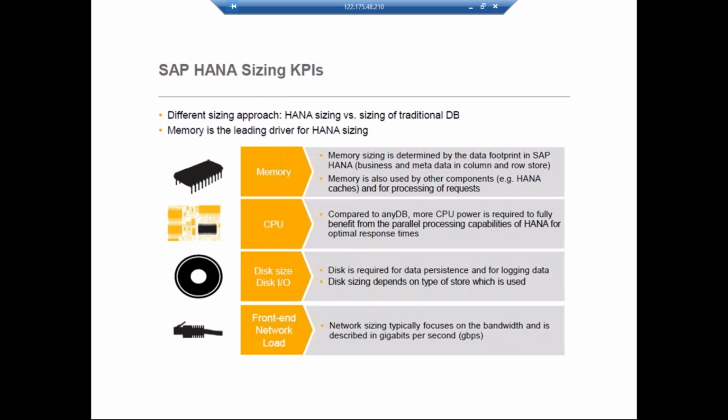Network also plays a vital role, so you need to choose it carefully. Otherwise, if we have too much network traffic and you don't have high bandwidth, it will definitely affect your performance. That's another thing you need to be really careful about. And particularly in a situation where customers end up with one single HANA database on multiple hosts, which we call a distributed database or multi-node database, the network communication between those nodes is also very, very crucial.